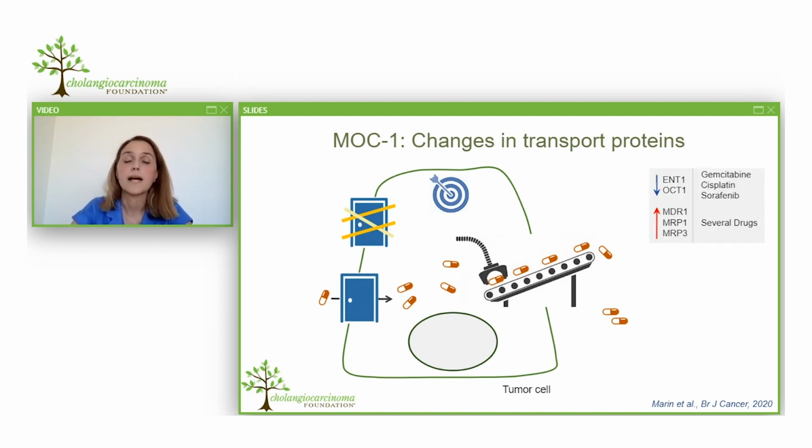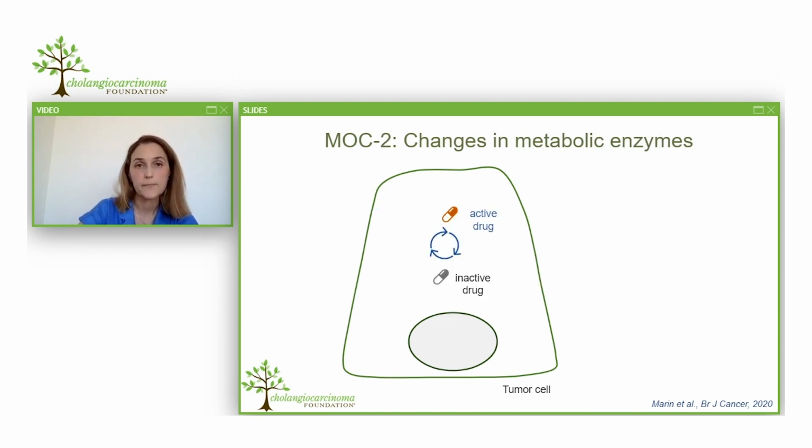In cholangiocarcinoma, reduced levels of the nucleoside transporter 1 is involved in lower response to gemcitabine, and decreased levels of OCT1, the organic cation transporter 1, explain lower effect of cisplatin and sorafenib. And increased levels of these export pumps are responsible for lower effect of different drugs.